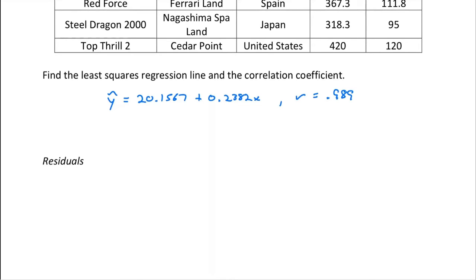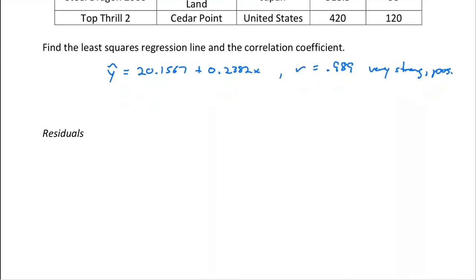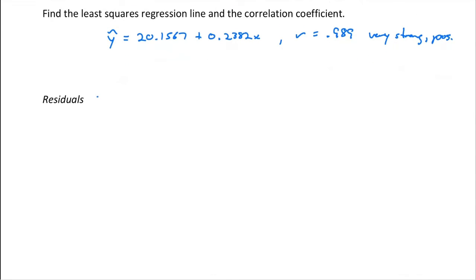So this is a very strong positive correlation. Obviously as the height increases, the top speed of that roller coaster also increases in a very linear fashion, which is interesting. Okay, let's talk about residuals. Residuals as an equation, we find by taking actual minus predicted.